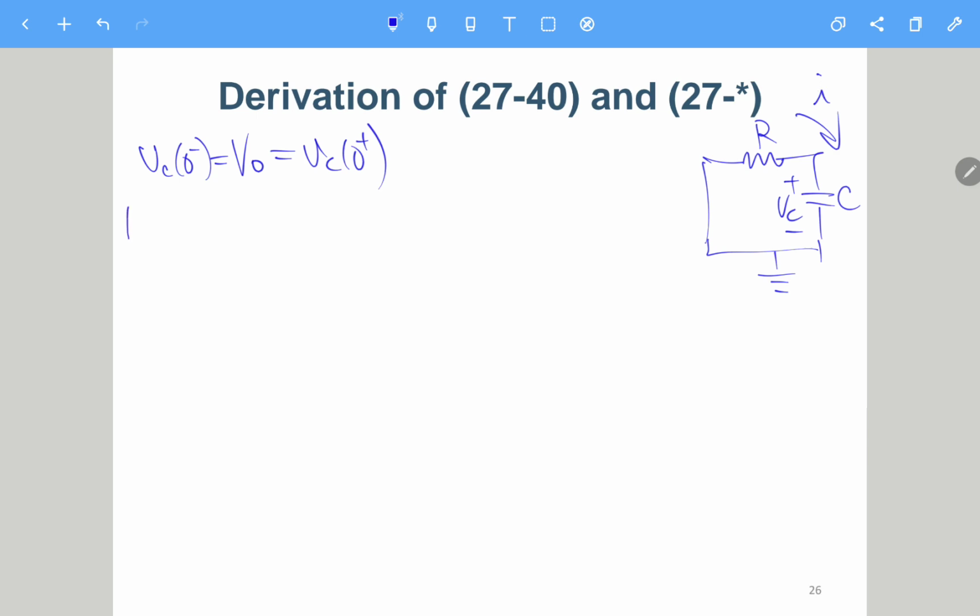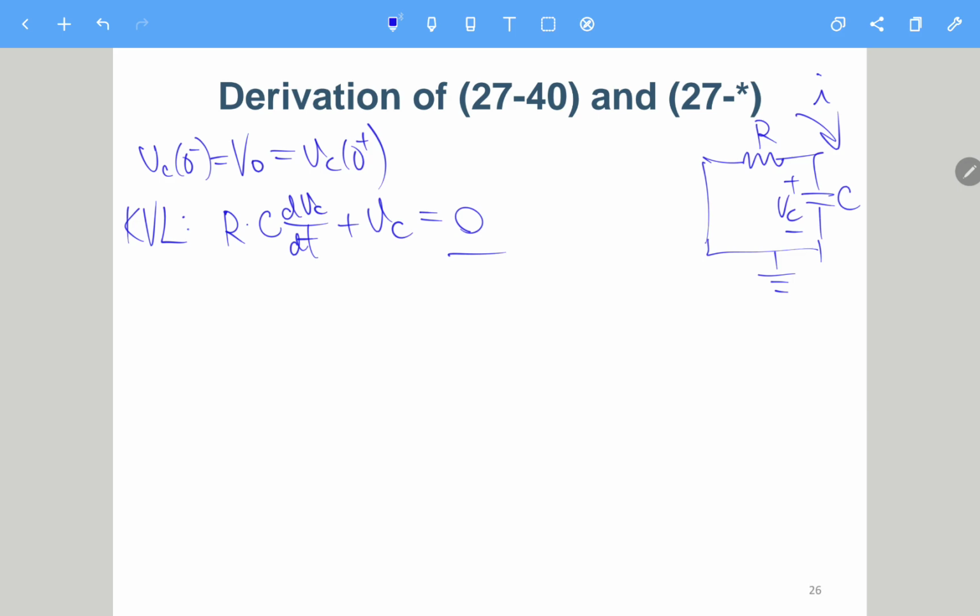So still we use the KVL to write the equation. Start from the ground node and going to here, I times R, and if you still remember, I is nothing but C dVC/dt, and then from here to here, higher to lower, so we have plus VC equals 0. We have no battery in this case.